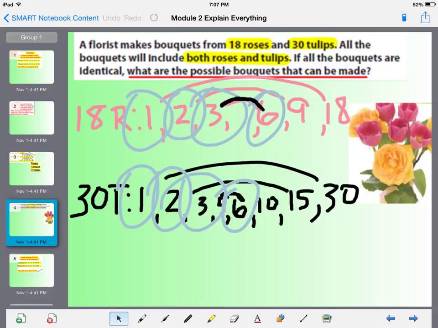And each bouquet is going to have 6 times what gave me 30? 5. It's going to have 5 tulips in each bouquet. So notice how this really came in handy in a real world situation.